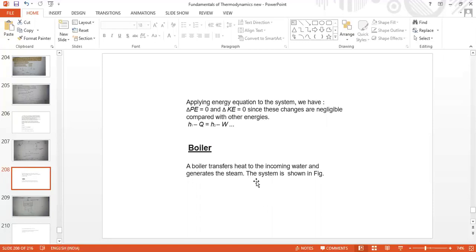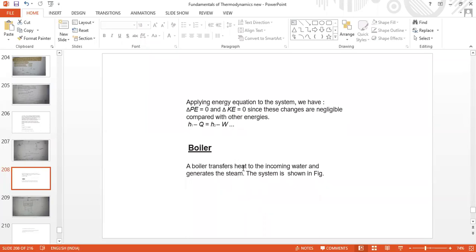If heat is transferred to a device, or some heat is added to a device, for that we have to take the earlier reference. In the earlier cases we studied, when rejection of heat is taking place, it is negative. Here in a boiler, absorption of heat takes place.